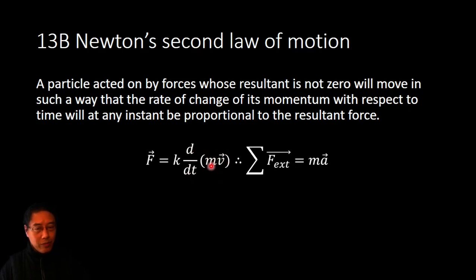Remember, the momentum is the mass times the vector velocity, but the d over dt implies it's a rate of change. So it is proportional, and that equals the resultant force.